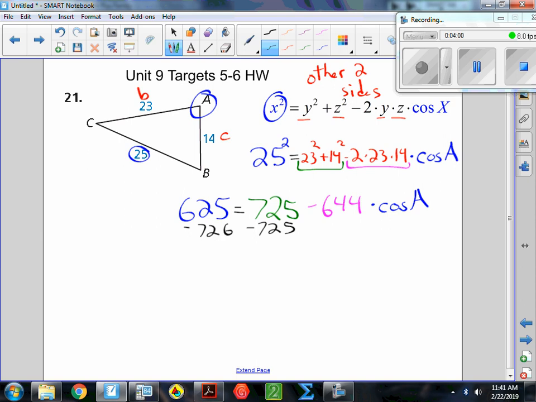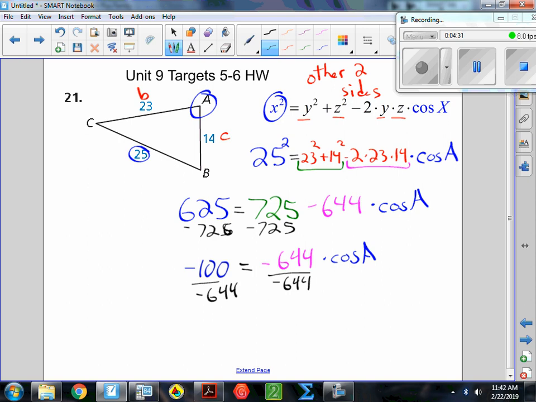So 625, whoops, I wrote that wrong. 625 minus 725 is going to give us a negative 100. And then we still have the negative 644 times cosine angle A. Then I want to divide both sides by negative 644.